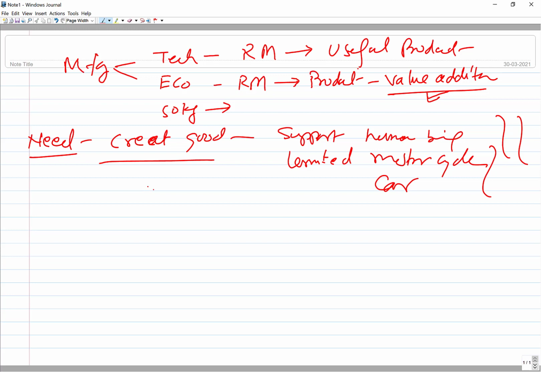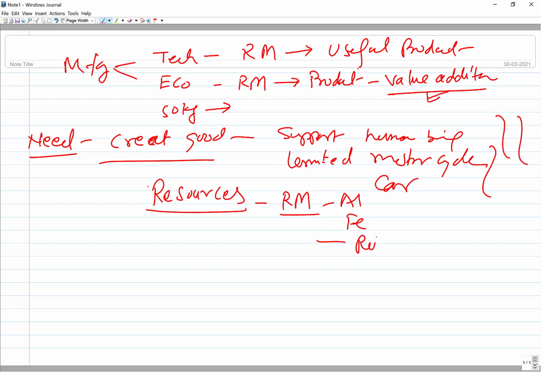You need to use the resources. For creation of goods, you need to use resources in the form of raw material, which may be aluminum, iron, rubber, or anything else. You need to use the raw material and then give it the desired shape so that usable products and goods are made. I'm just giving an example.